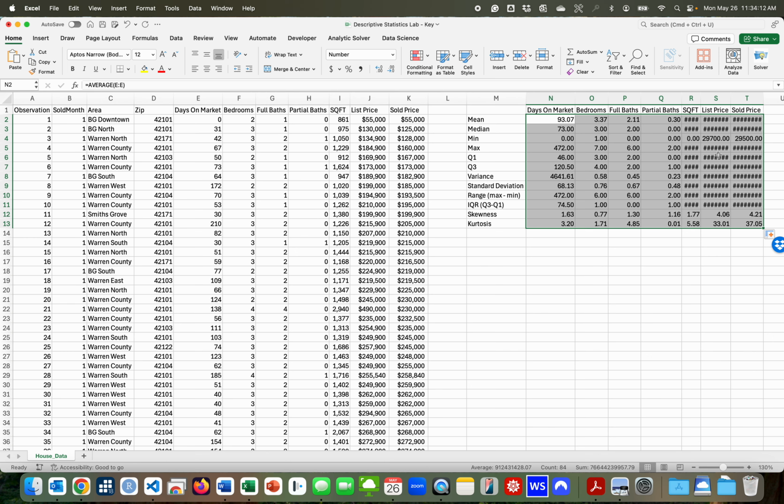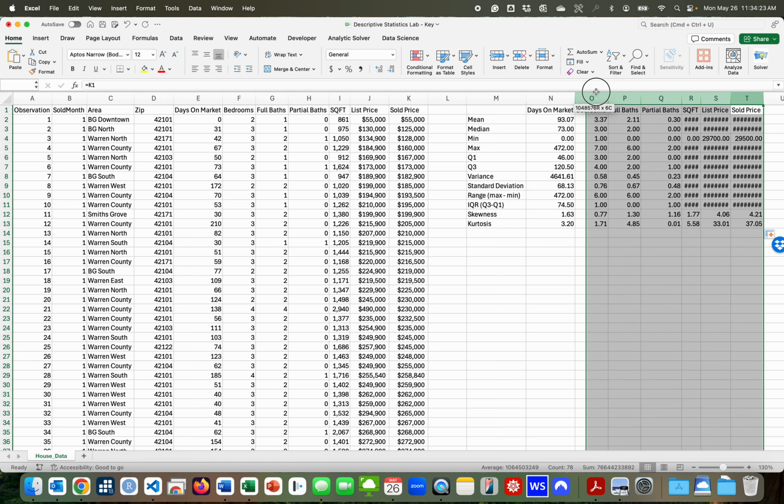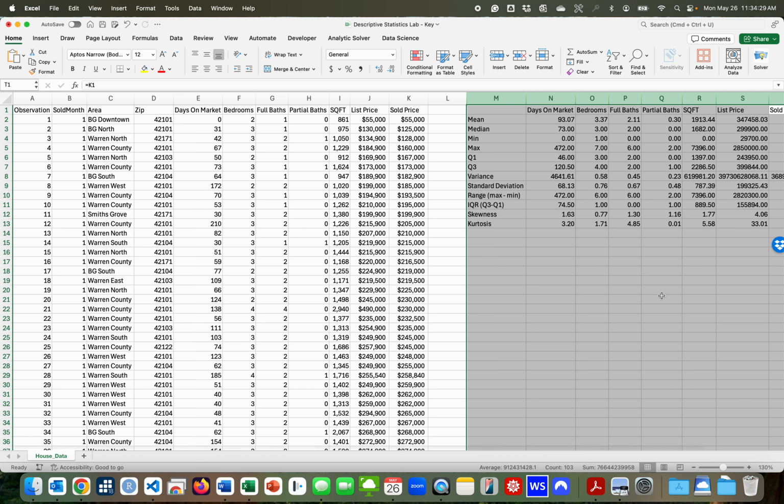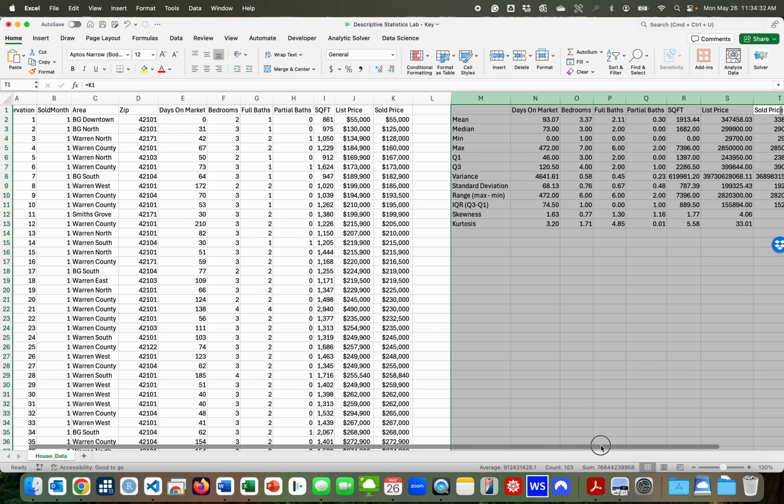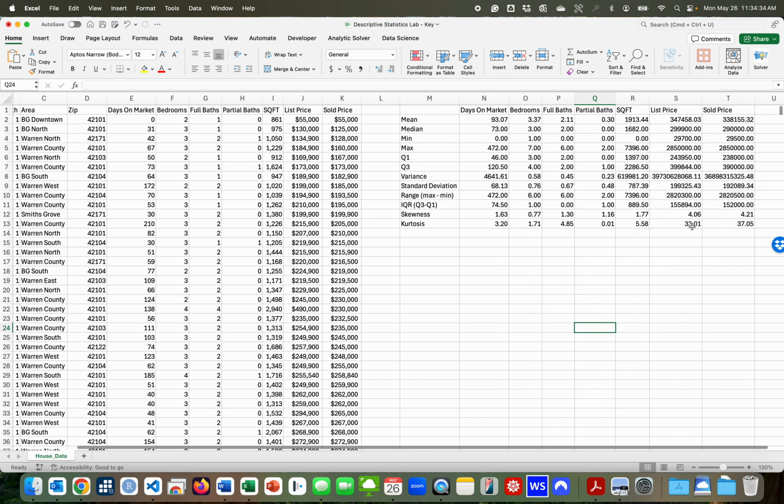When it does this right here, all that means is it can't display all the numbers because the column's too wide. So you can just highlight all of those columns and go between any two of them and double click, and it'll expand it so that you can actually see all the values. So these are your descriptive statistics for all of the variables. So now you have mean through kurtosis for all the different variables.